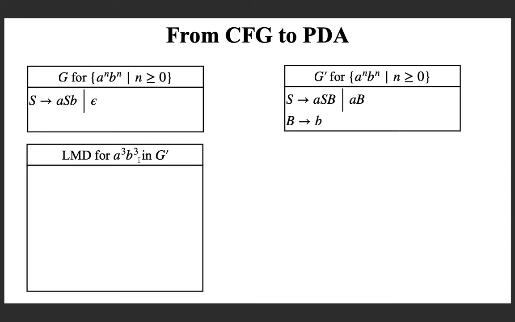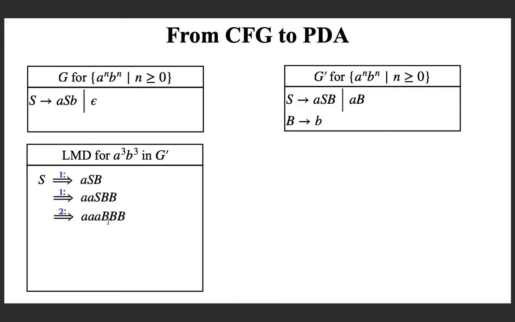We know that the derivation must start with the start symbol of the grammar, capital S. If I apply production number 1, I will get ASB. Then, because it is a leftmost derivation, I apply a production for capital S, again production number 1, so this S will be replaced with ASB. Now, I am going to apply production number 2, so this capital S is going to be replaced with AB.